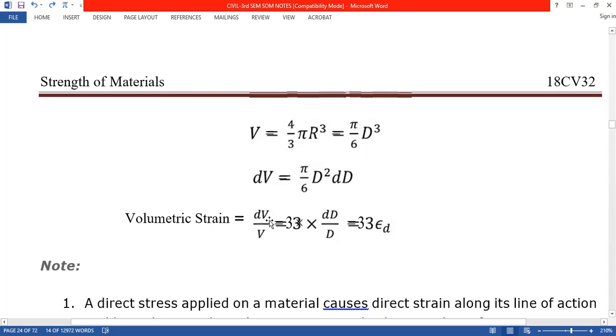Volumetric strain is change in volume to the original volume. Original volume was 4 by 3 pi r cube. Change in volume is pi by 6 d square into dd. While solving, you will get 3 times the strain along the diameter.